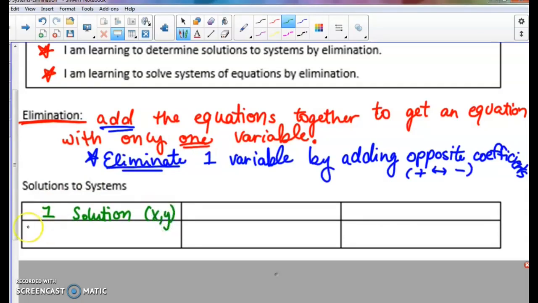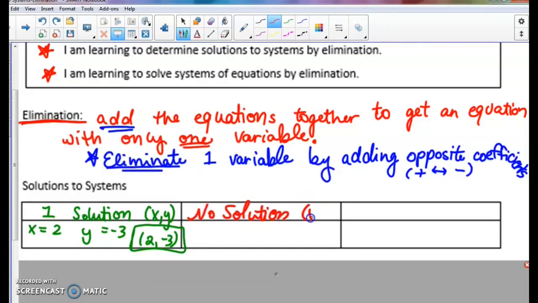And like it was with substitution, we get x equals 2, y equals negative 3, and the ordered pair will be positive 2, negative 3. So our x value, then our y. And we box 2, negative 3, and we box that in because that's your final answer.